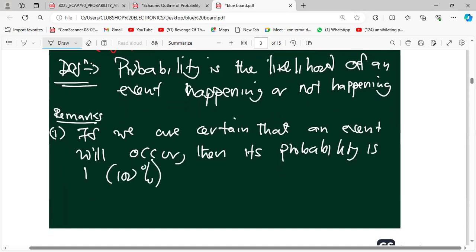What will be, if we have a bag? If we have a bag, this bag contains maybe some red pens and 5 green pens.